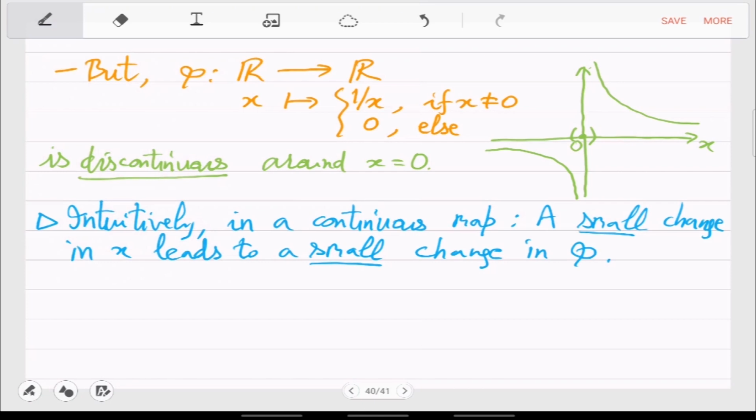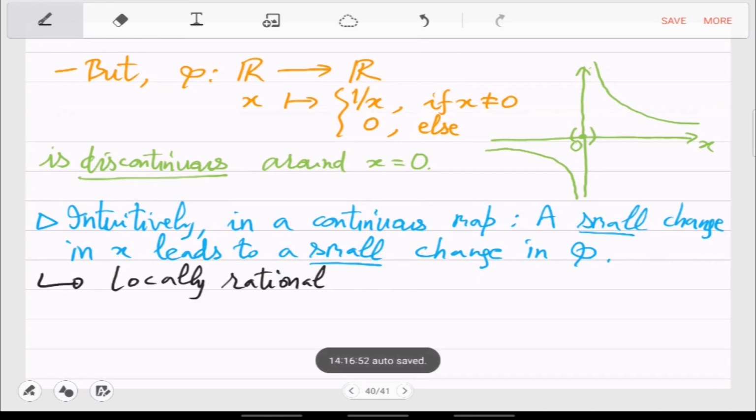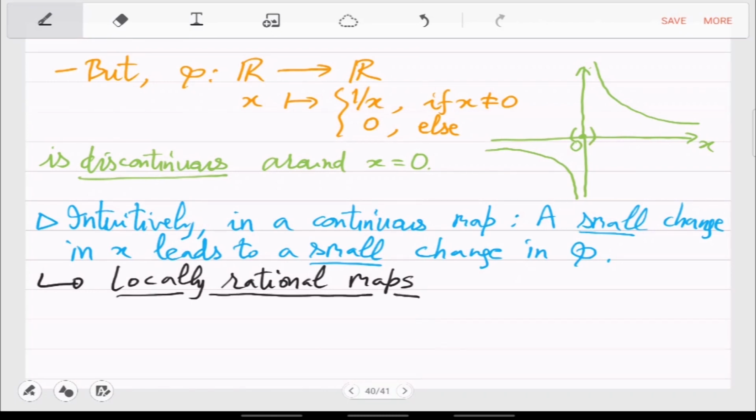So we will study locally rational maps. So these are our best guide in this business. Rational functions. So basically, locally, the function should look like g over h, where g and h are polynomials.